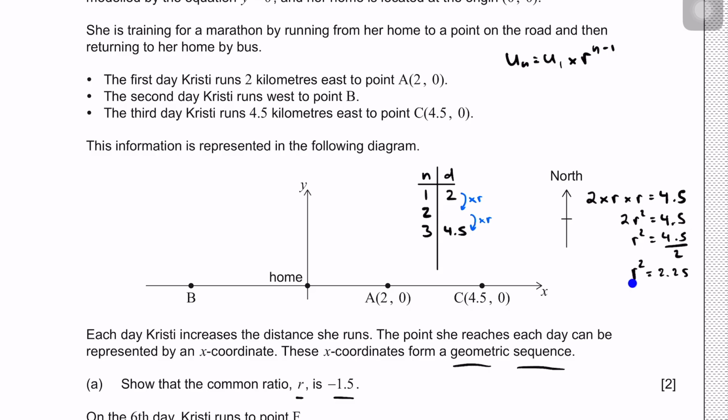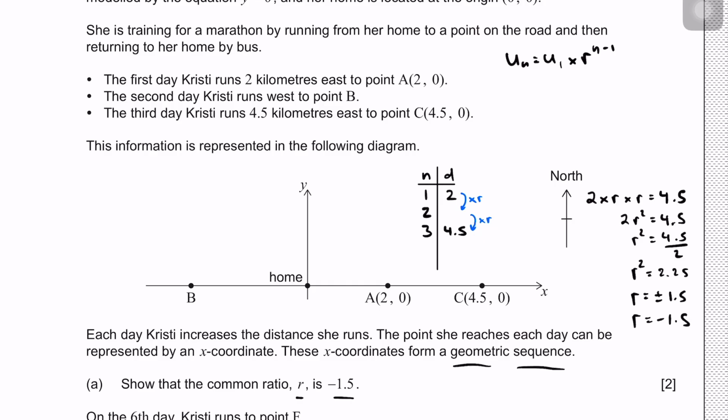So some number squared equals 2.25. 1.5 squared actually equals 2.25, but so does negative 1.5 squared. And in this case, if we want to have this movement from positive to negative to positive, this oscillation, we're going to need to have this as a negative. So in this case, r is plus minus 1.5. But if we want this back and forth, then it itself will have to be negative 1.5.